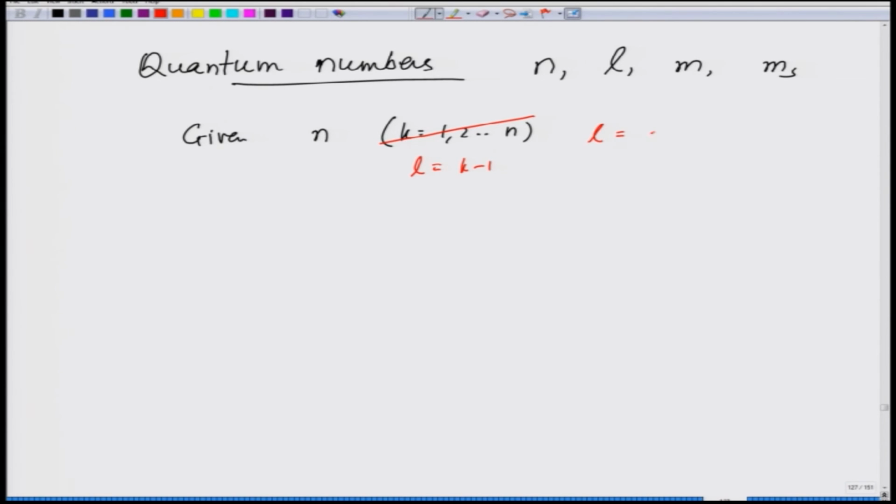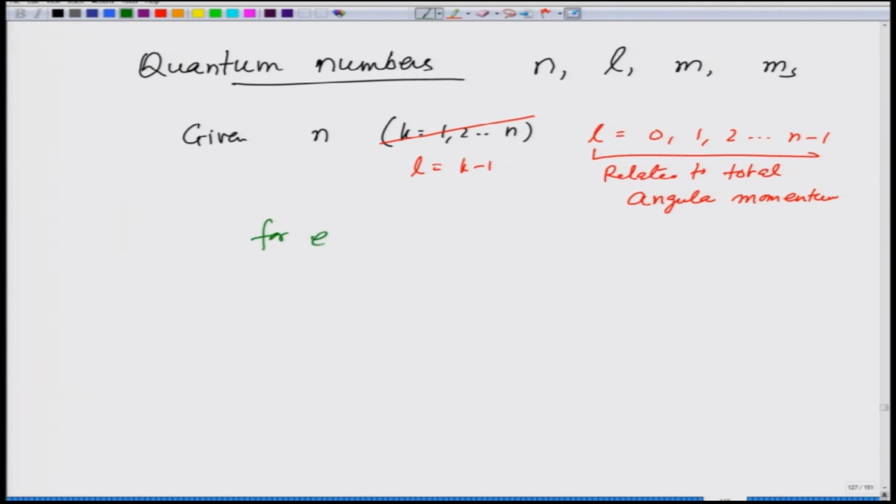So, L values will be 0, 1, 2 up to n minus 1, and this is related to total angular momentum. And for each L, I will have m values which are from minus L to L, right. And then I have the fourth quantum number ms, which could be minus half or plus half.